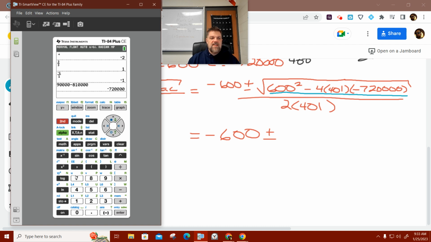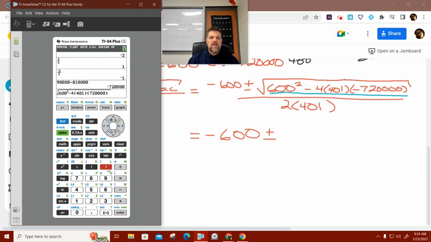So now I'm going to say the square root. So second, the square root symbol. I'm going to say 600 squared minus 4 times, and you could do times, or you could literally put it in the way that I have it written: 4, parentheses 401, another set of parentheses, 720,000, close your parentheses.